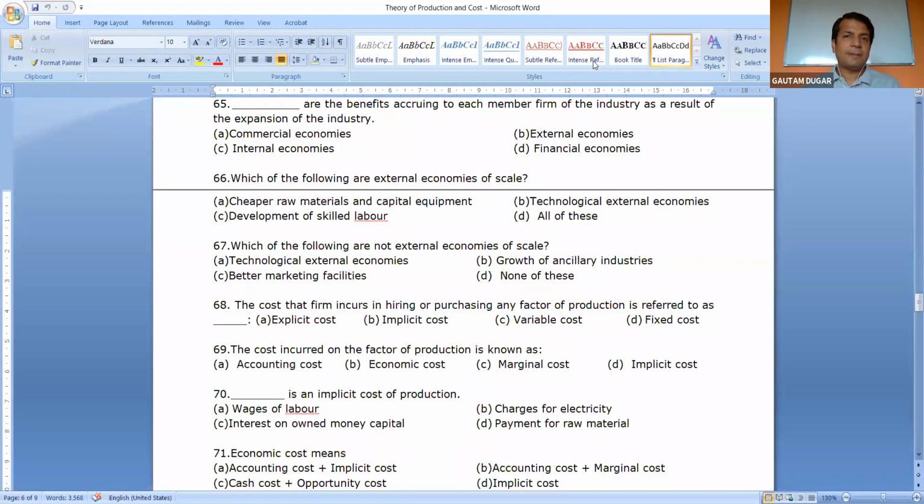In economics, explicit and implicit, both the costs are taken into consideration for calculation of actual economic profit. In accounts, we do not take into account the implicit cost, but in economics, we take into account.